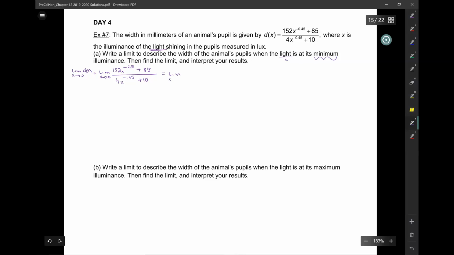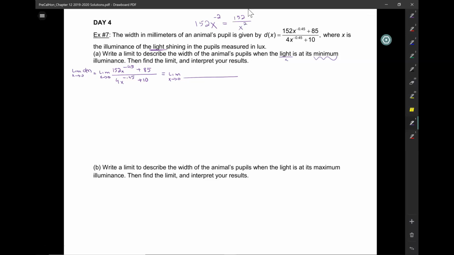This is the limit as x approaches 0 of, okay, what's x to the negative number? If you have x to the negative 2, what's another way to write that? 1 over x to the positive 2. Well, if you have 152 x to the negative 2, it's 152 over x to the 2.